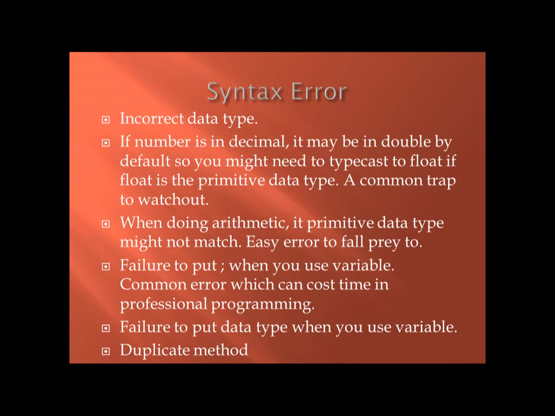Failure to put, when you're using a variable, failure to put this symbol. It's actually a dot and a colon. When you say failure to put that symbol, that means sometimes when you're putting out a variable, you miss out that symbol.